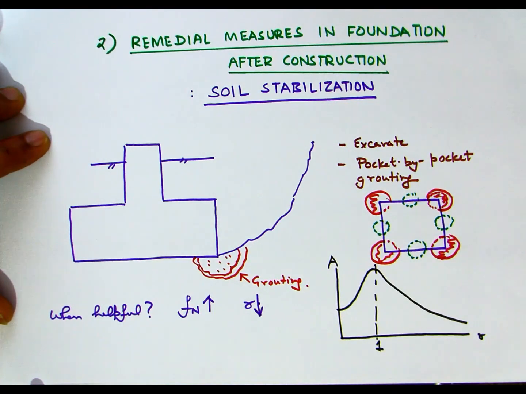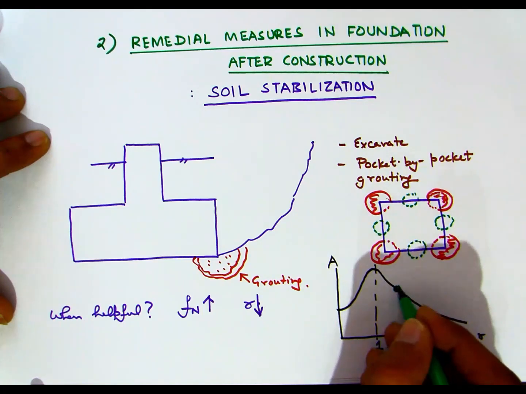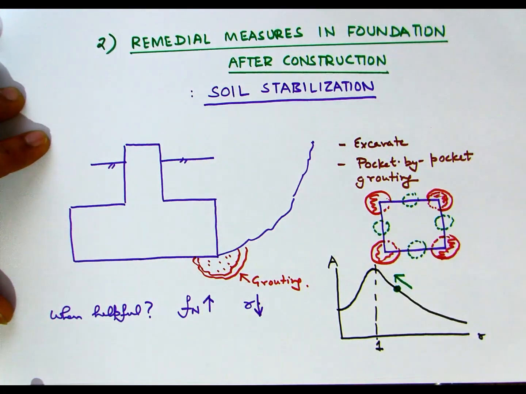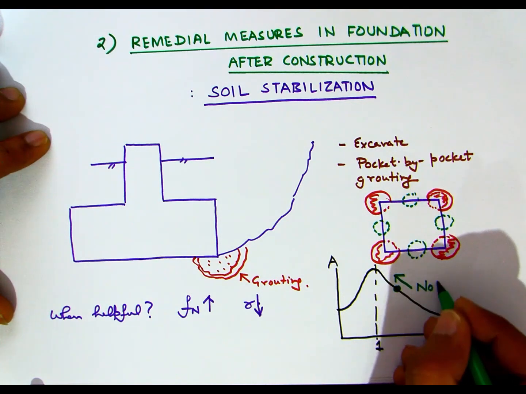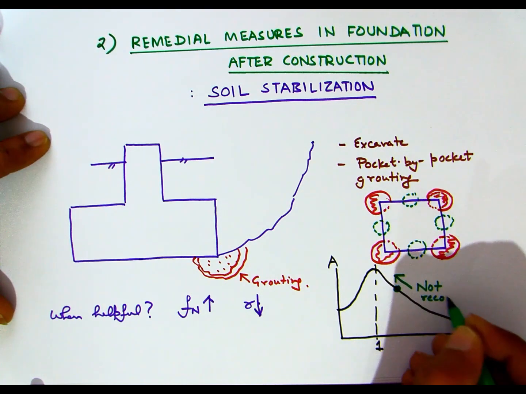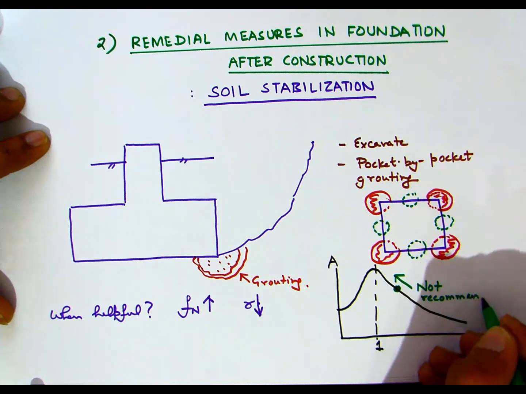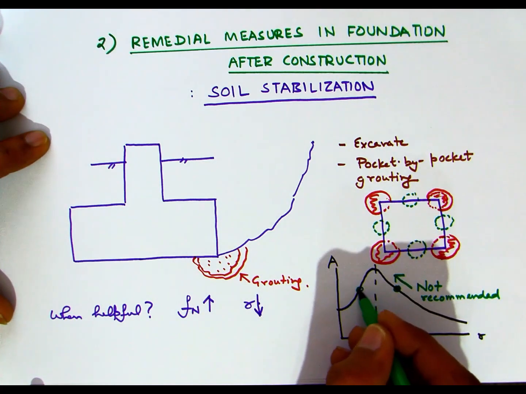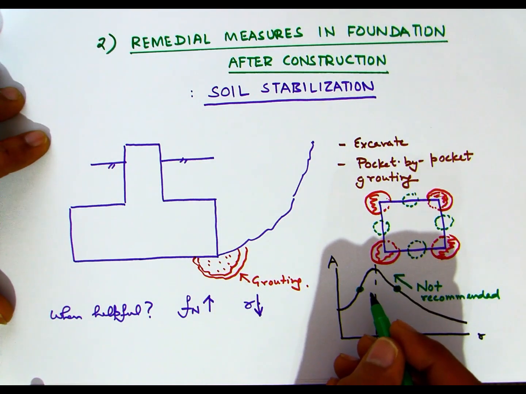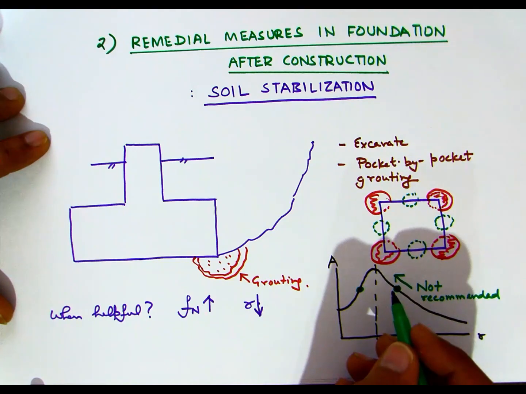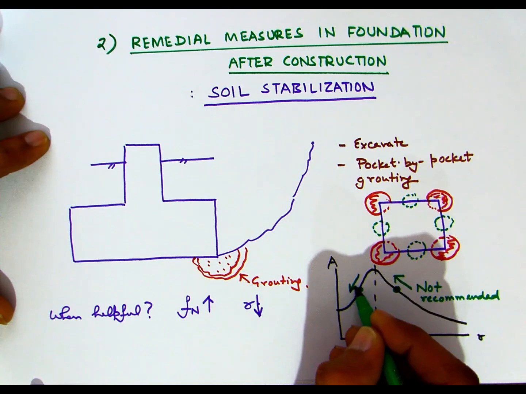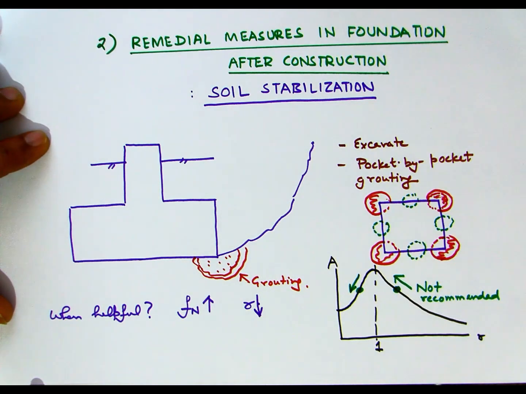So if our frequency ratio is greater than 1, that is we are lying on the right side of the resonance peak, then this measure would be counterproductive because it would increase the amplification factor due to reduction in R. However, if we are on the left side, that is R is less than 1, then it will be helpful because it would bring down the amplification factor.